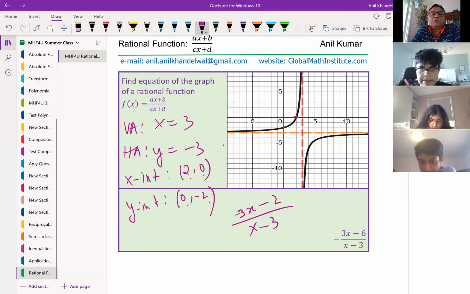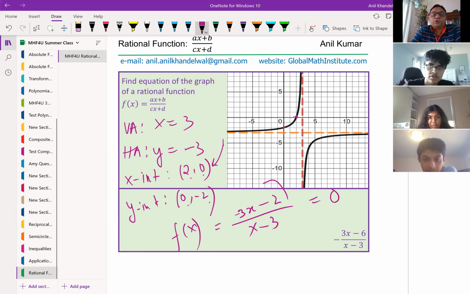But now you have to check what the x-intercept is. How will you check the x-intercept? When is this equal to 0? When f of x is 0. But you do not get that value.